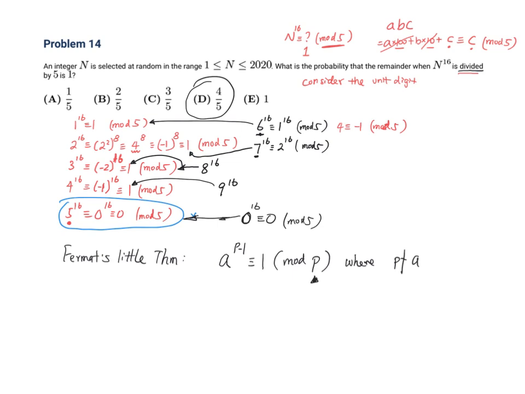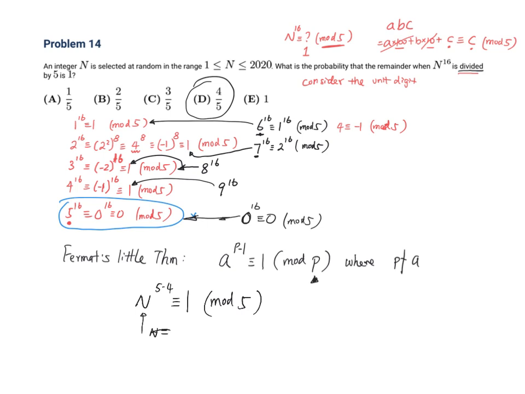So therefore we do know n raised to power 5 minus 1 should be congruent to 1 mod 5, as long as 5 does not divide n.